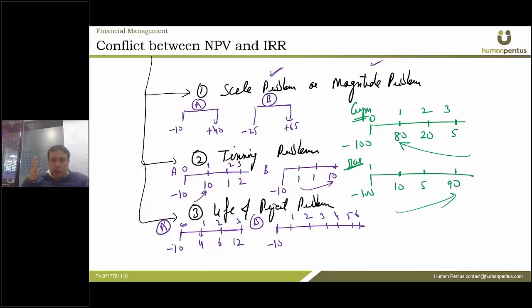When I'm saying that there are three problems: scale problem, time problem, and life of project problem, these are problems of what? Sir, these are conflict between NPV and IRR. In one project we get NPV higher, and in the second project IRR is higher. Then which one should we use? That is the conflict. Correct.